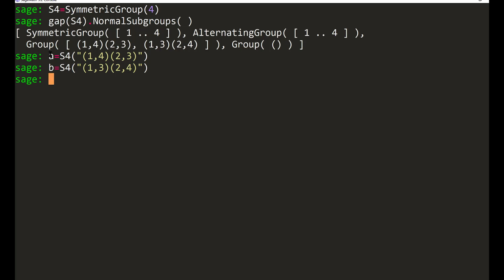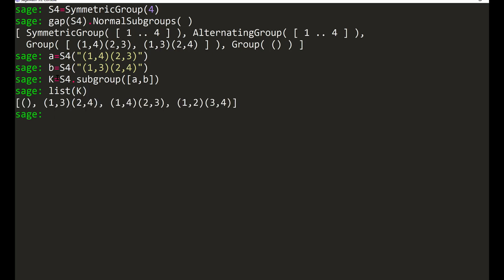Now what we will do is look at the group generated by these two elements. So let us call K a subgroup of S4 that is generated by A and B. So there we are. Now let's list the elements of K. How many elements does K have? These are four elements, which correspond to the Klein four group.